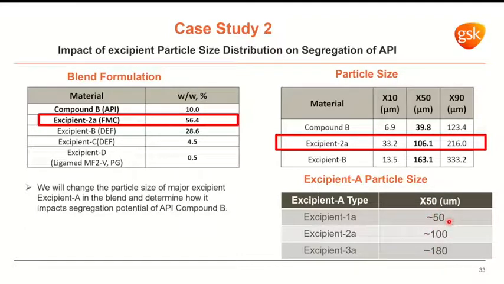For 1A, the particle size of the excipient is going to be 50 micrometer. The 2A, which is the standard one that we previously used as well, is around 100. And for 3A, it is 180. So we will change the excipient particle size, and we will see how changing the excipient affects the API segregation risk of compound B in our case.